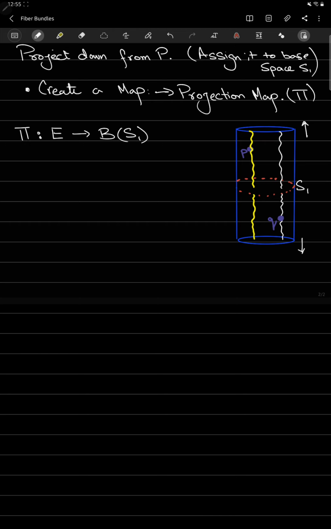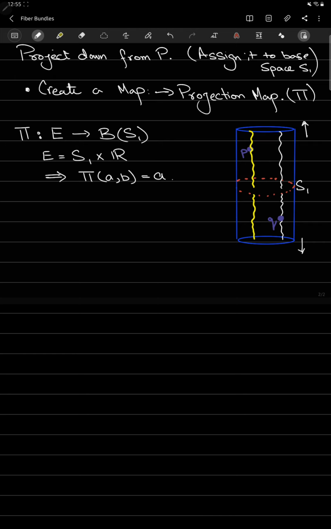For our case, it is S1. Now, again, note over here, we know that E is defined as S1 Cartesian product R. So this immediately implies that the map we would have of points (a, b) is equal to a, right?